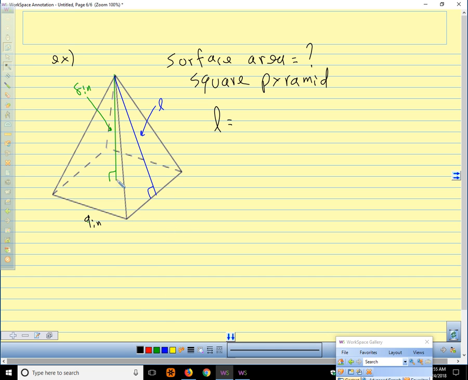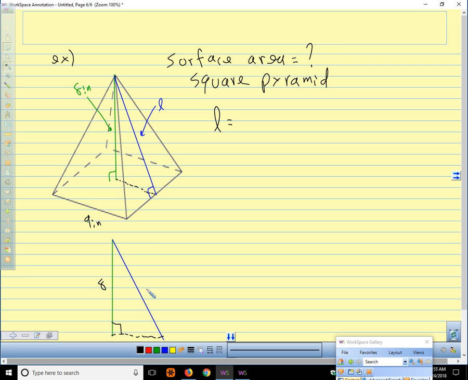Well, here's what we do in this situation. I can connect those two, and then I'm going to draw that triangle, looking at it as a side view. So there's that. There's that. And here's the dotted line that I drew. That's a 90-degree angle because the height is perpendicular to the base.